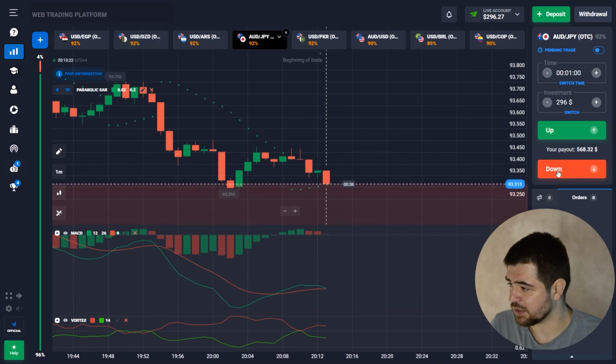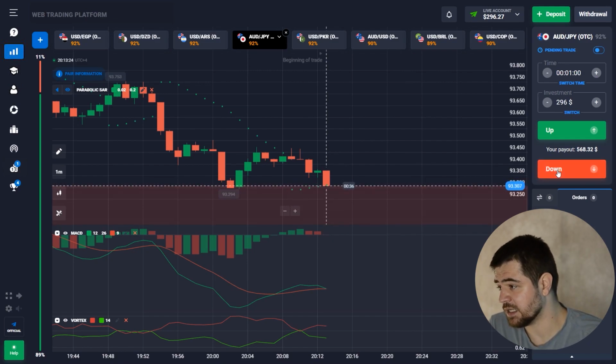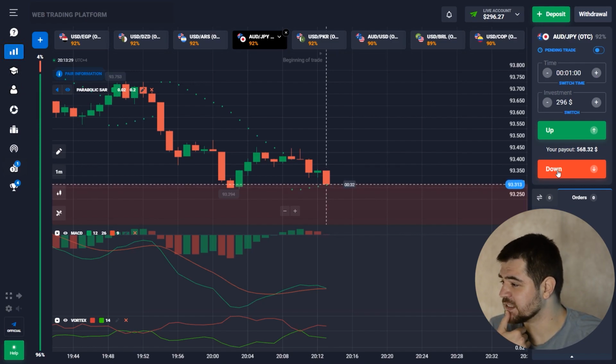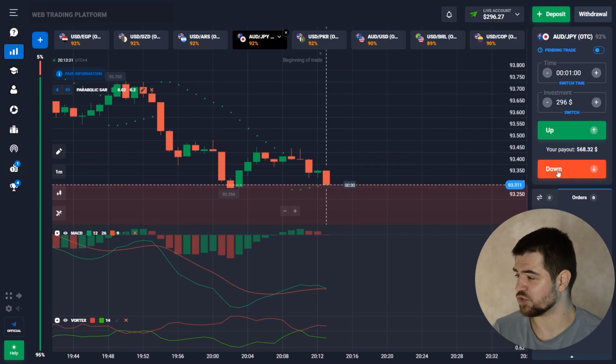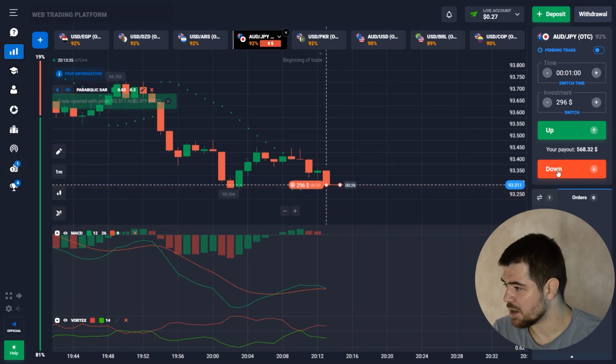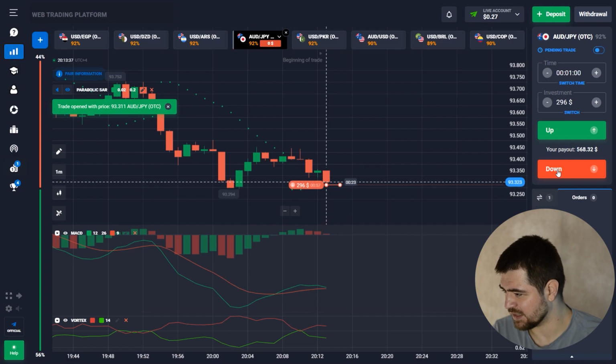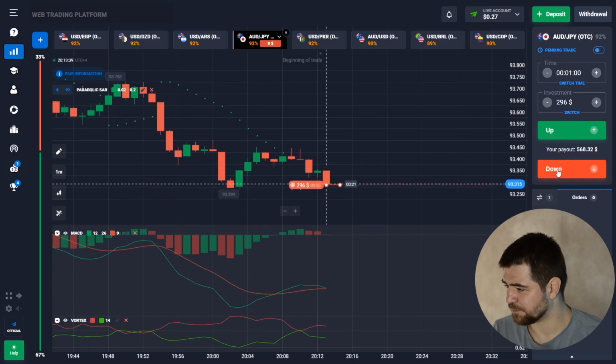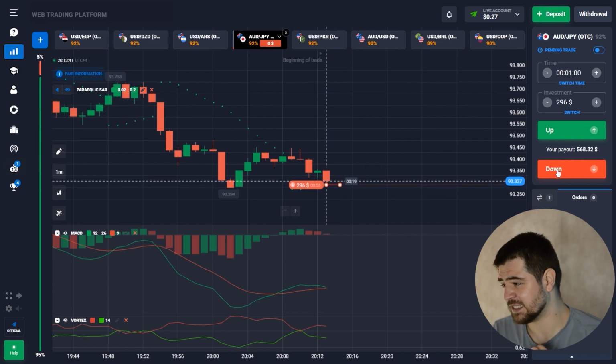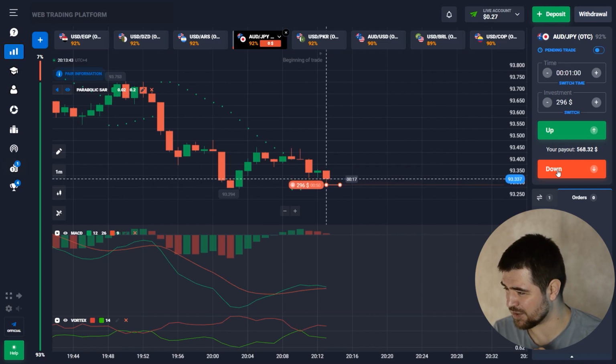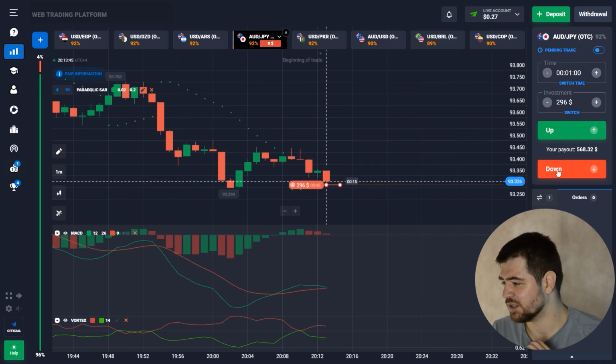So here I'm gonna go ahead and make a put option, because there is quite a strong downtrend started. There is a support level there, however, but I think we're gonna break it at least. I see that the MACD is almost crossing down the reddish line, the orange line.